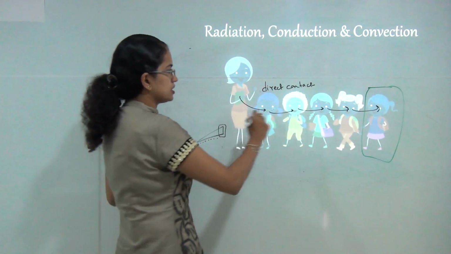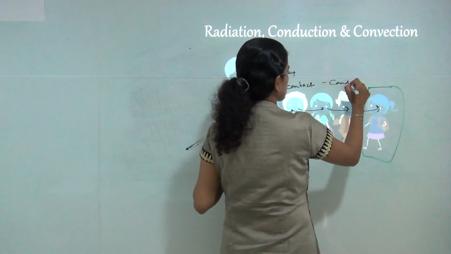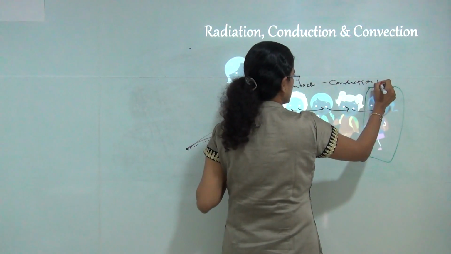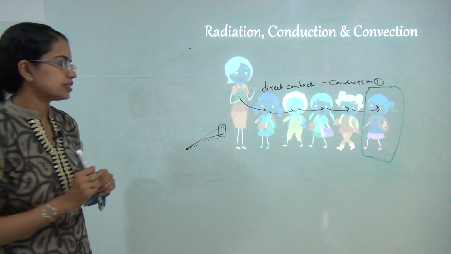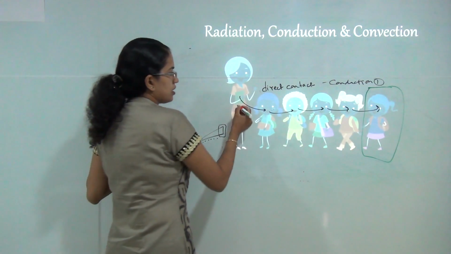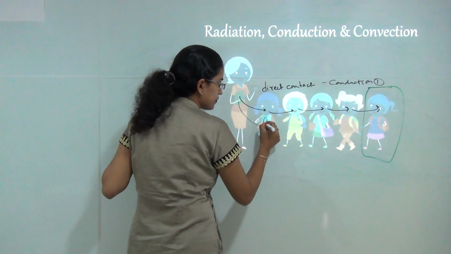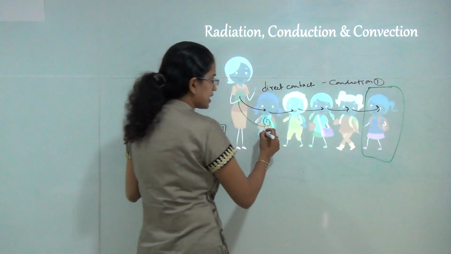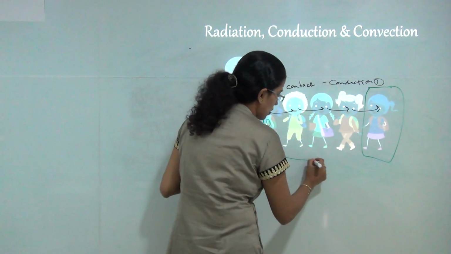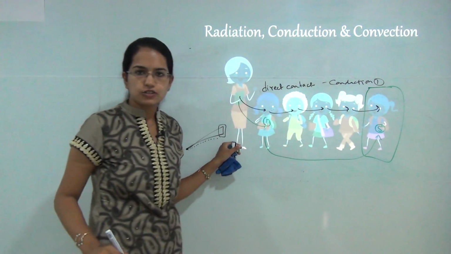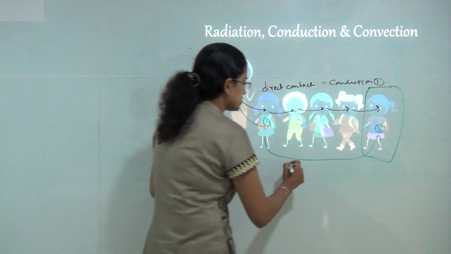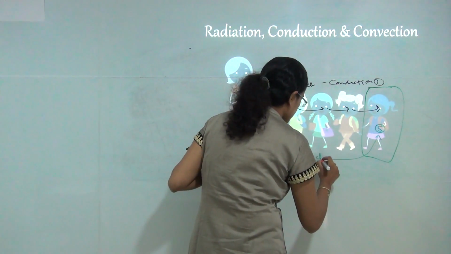So that process of direct contact would be known as conduction. That's the first process. Now the next process would be convection, where the teacher hands over the book to the first candidate. The first candidate moves from his or her place and finally goes to the fifth candidate and hands over the book, and this process is known as convection.